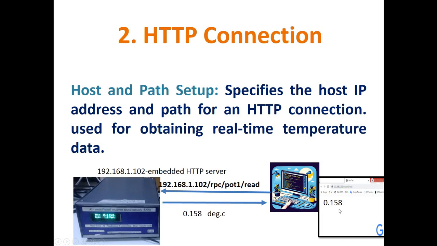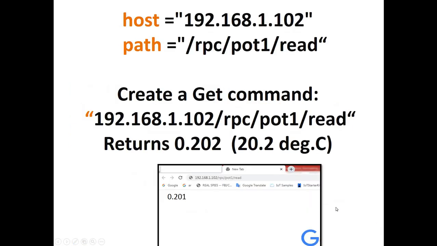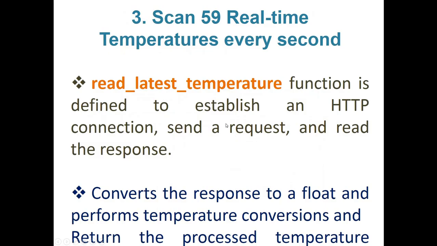So you can even execute that from a browser which is here. Now the host command is given with an IP address and a path which is combined, and you create a get command like this.